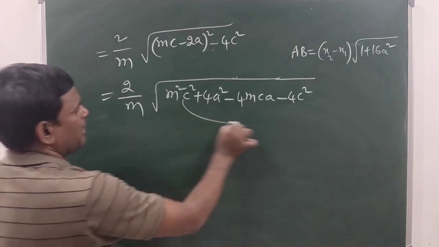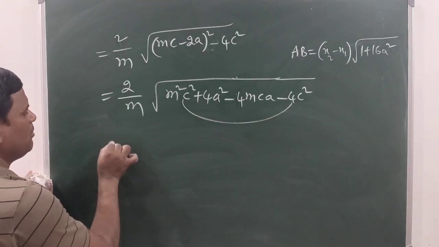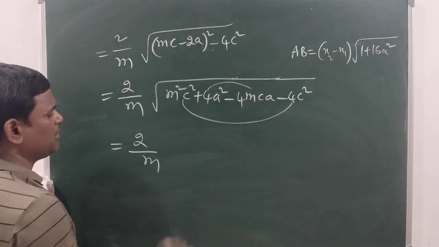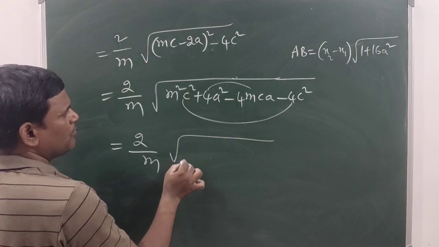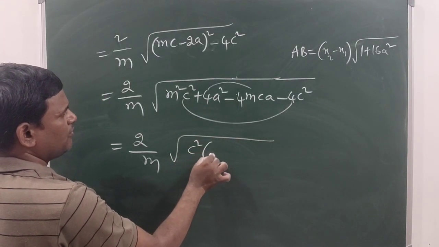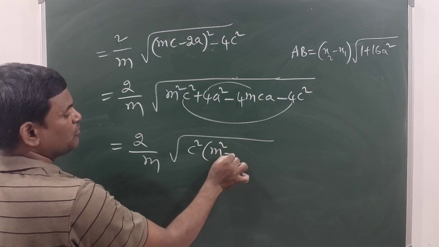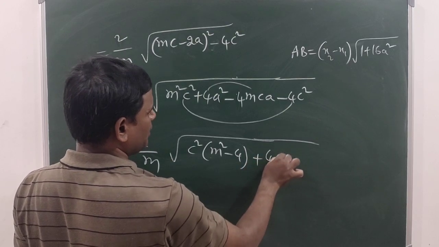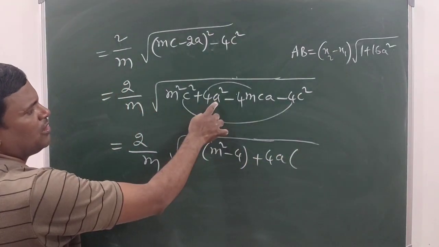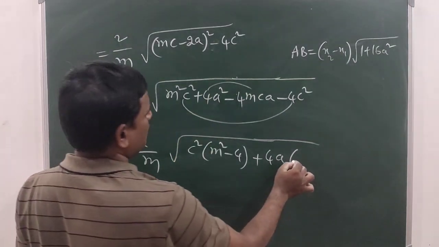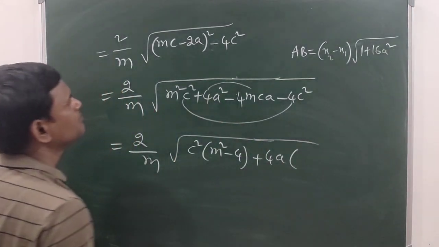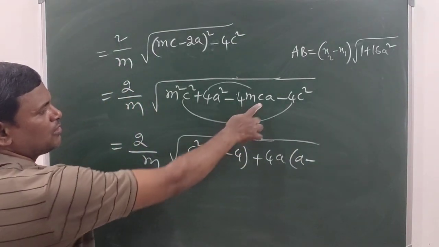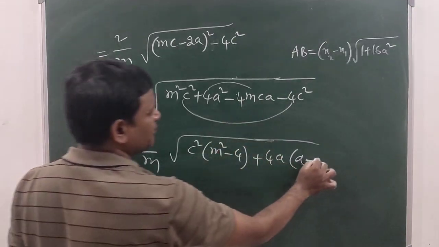From these two you can take c square common, so c square of (m square minus 4), and from these two you can take 4a common. If you take 4a common, students, 4a goes outside, and a minus mc will come.